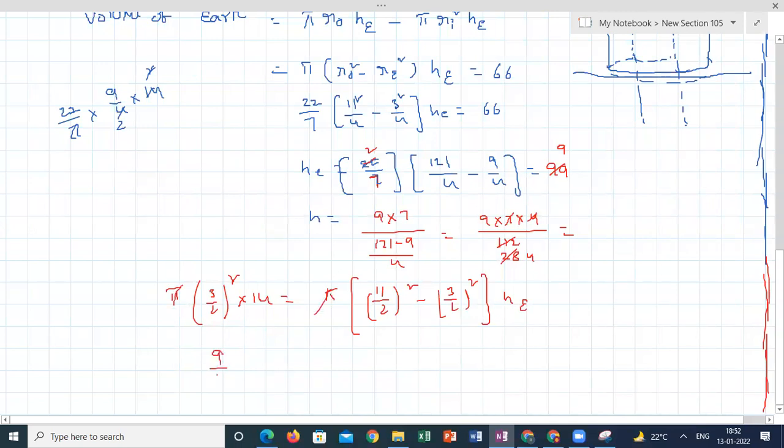This is 9 by 4 into 14 is equal to 121 by 4 minus 9 by 4 into height of the embankment. So height of the embankment is 121 minus 9, 112. So 9 by 4 into 14 into 4 by 112.